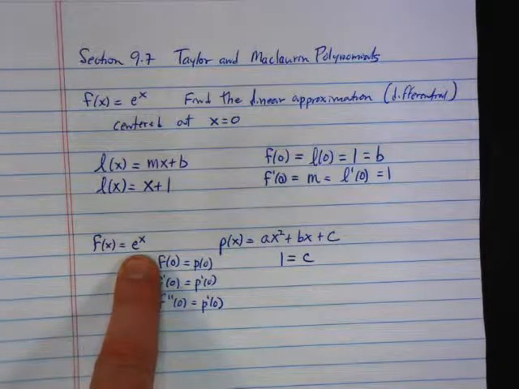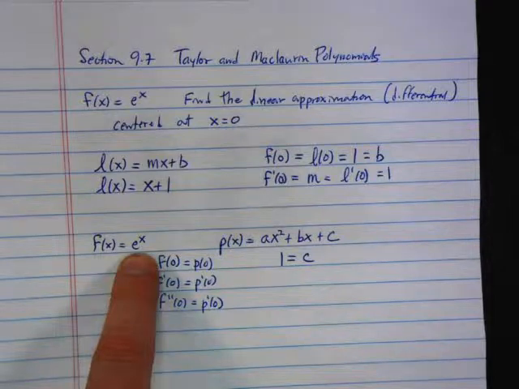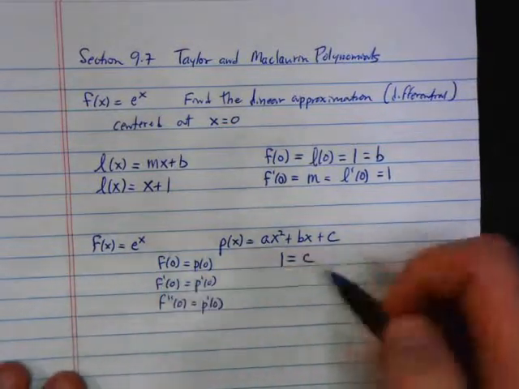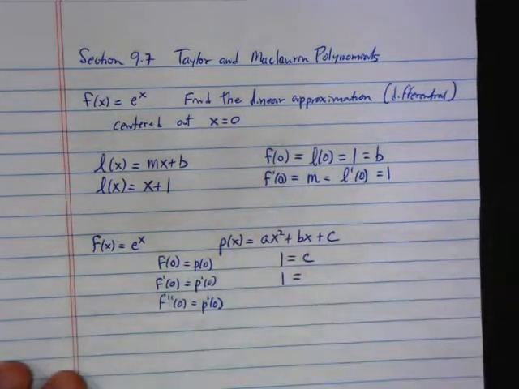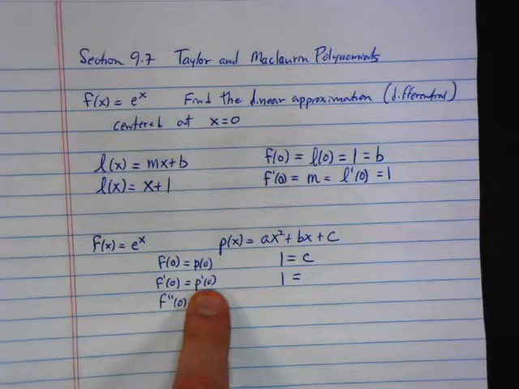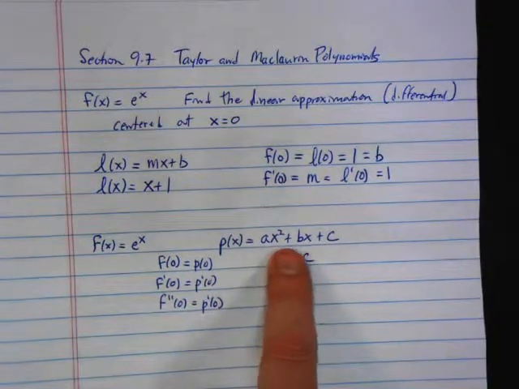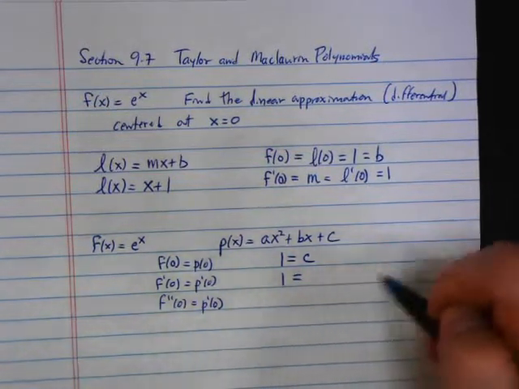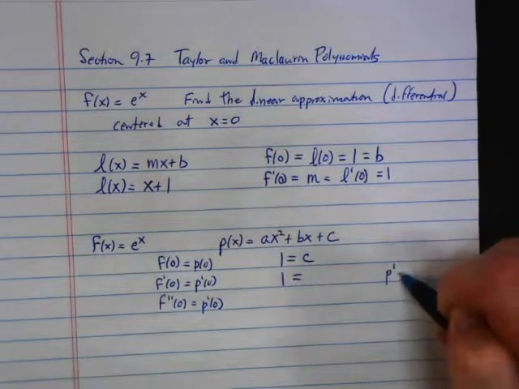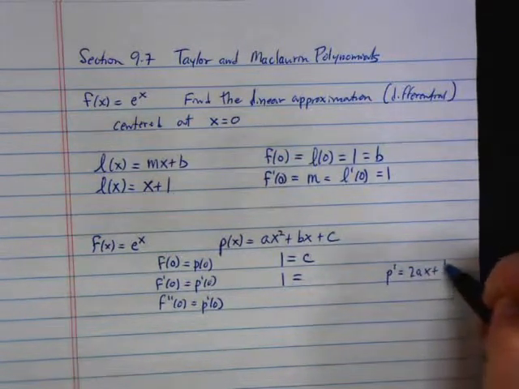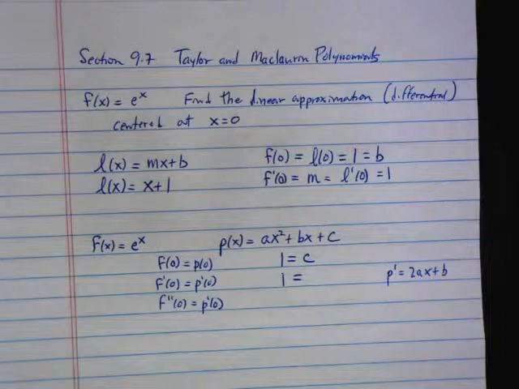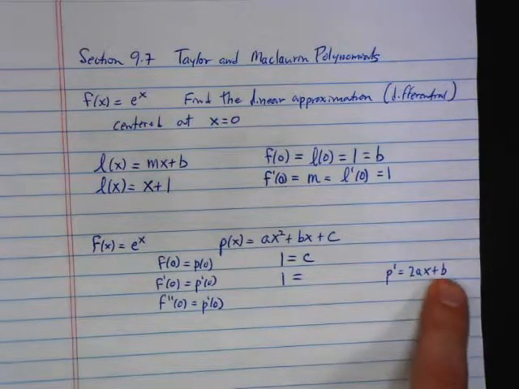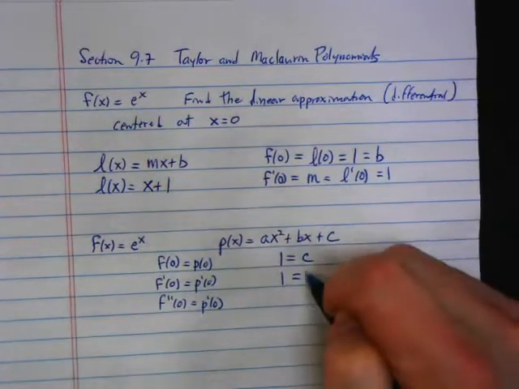Still 1, isn't it? The derivative of e to the x is e to the x. When I plug in 0, I get 1. What's p prime at 0? All right, what's the derivative of ax squared plus bx plus c? 2ax plus b. So p prime is 2ax plus b. So when I plug 0 into this, what do I get? B. So b is the number 1 also.